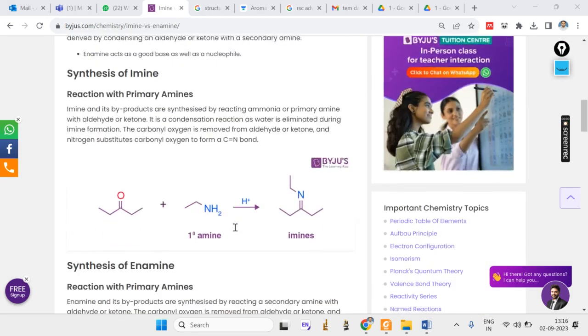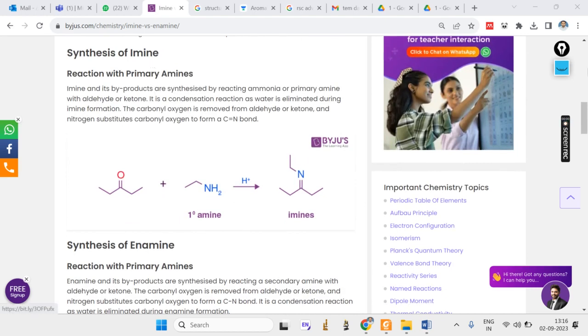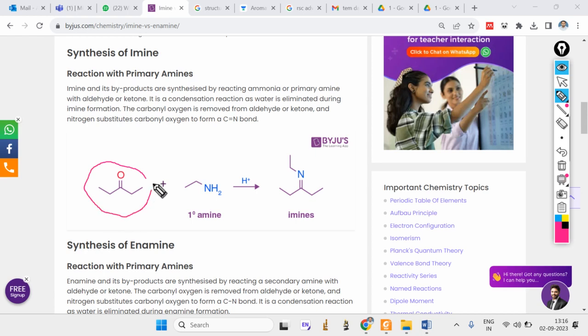So how could we prepare these? You have studied the carbonyl compounds, aldehydes and ketones, in the second semester. When an aldehyde or ketone reacts with a primary amine, it forms an imine. Remember phenyl hydrazone; that formation is known as imine.